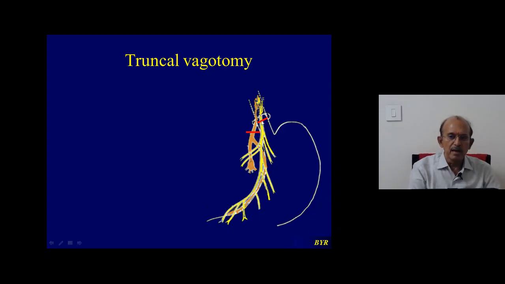So the truncal vagotomy means sectioning of the vagus nerve before all the branches are given out. By that, the stomach gets denervated, as well as the other abdominal alimentary tract organs also are denervated from the vagus. So the patient will have diarrhea.